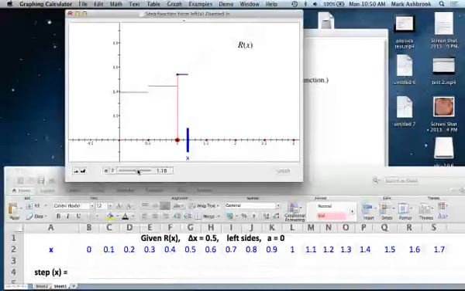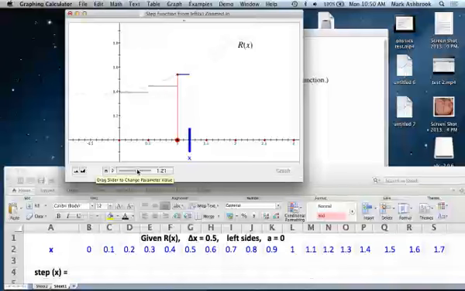Let's come back here to say 1.2. All right, so here I'm at 1.2. Current value of x is 1.2. Question is, how do we represent step x? That's your small task here. How do we represent the value of step x when the current value of x is 1.2? See if you can do it.